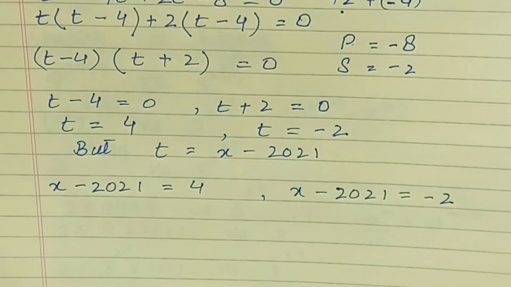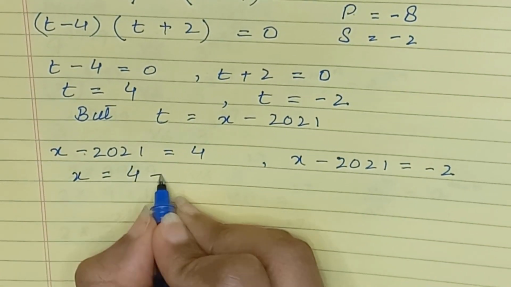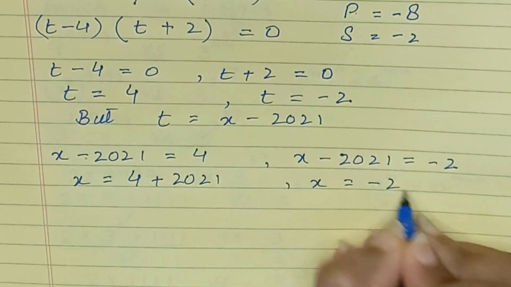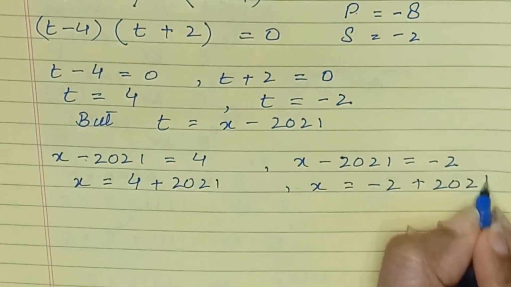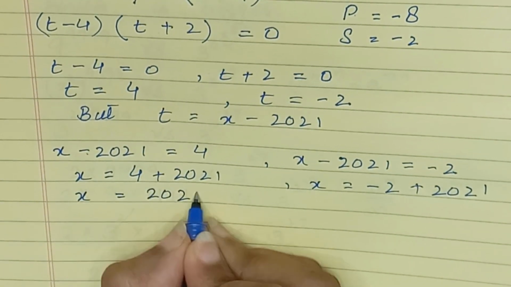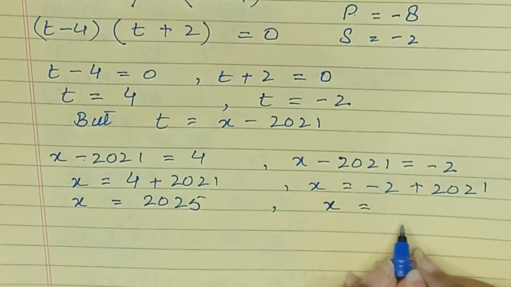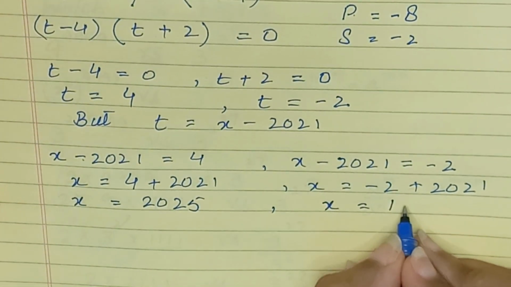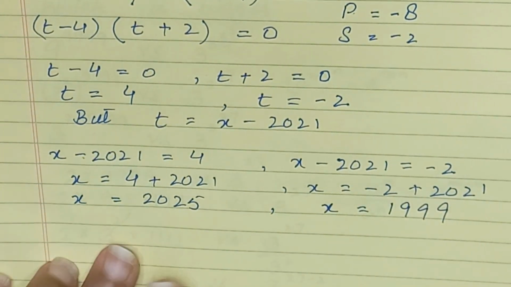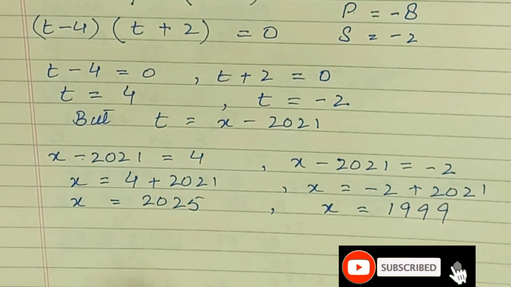So from here we have x is equal to 4 plus 2021 and x is equal to −2 plus 2021. So x is equal to 2025, and from here we get the value of x which is equal to 1999. So the values of x are 2025 and 1999.